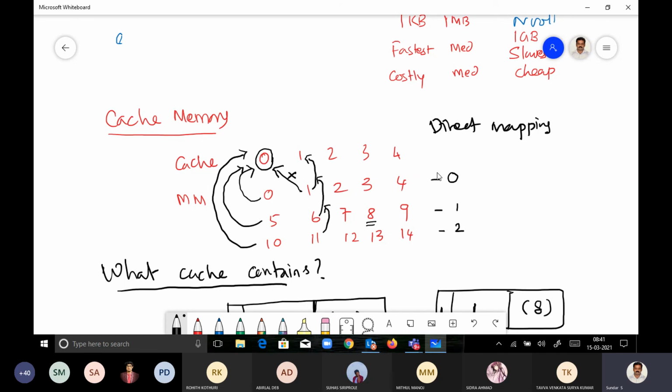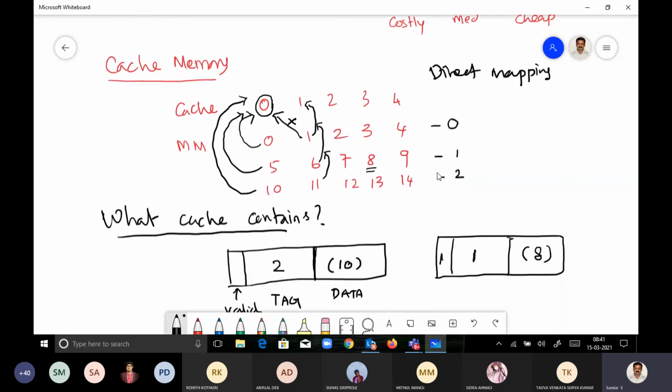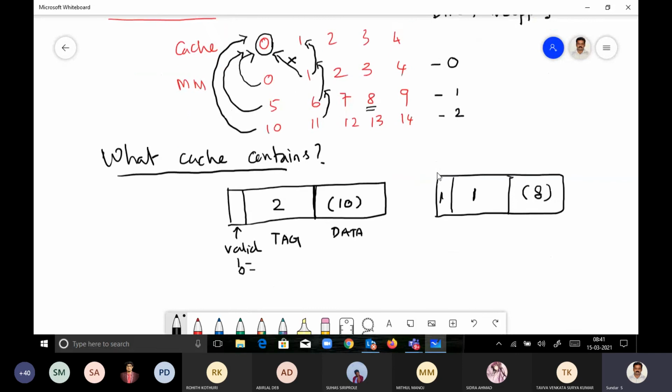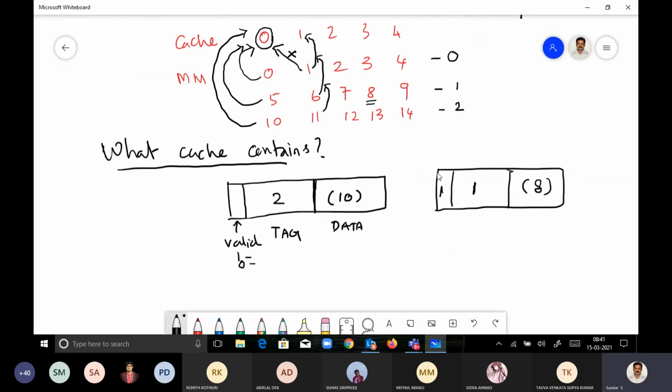Originally, cache memory is made up of static RAM, and in every location it has a data field, tag field, and valid field.